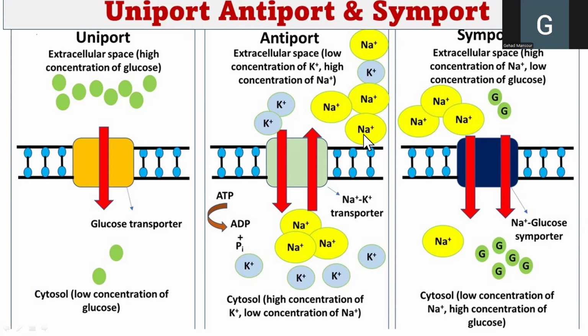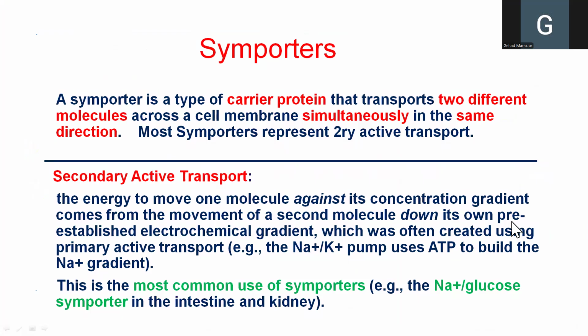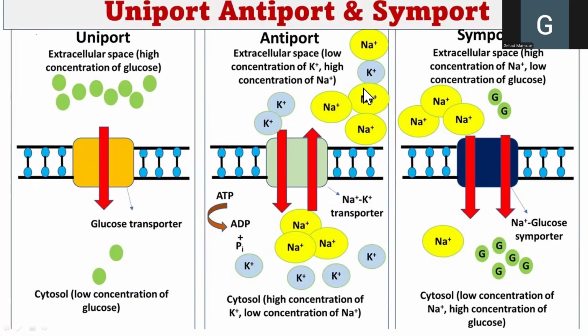And we can assume that the previous process was active pumping of sodium, because when you actively pump sodium by the sodium potassium pump, you are using energy, and this energy is partly stored in the sodium ions as potential energy. So when they are passed down concentration gradient, they release this potential energy, which will be used to pump glucose.